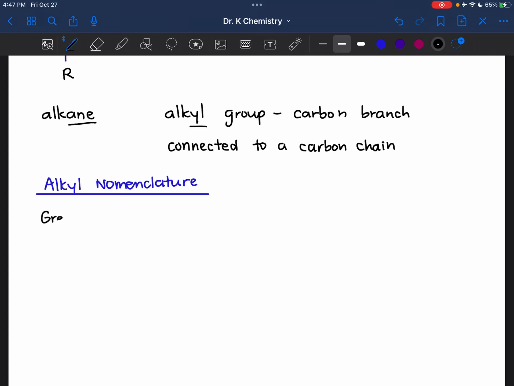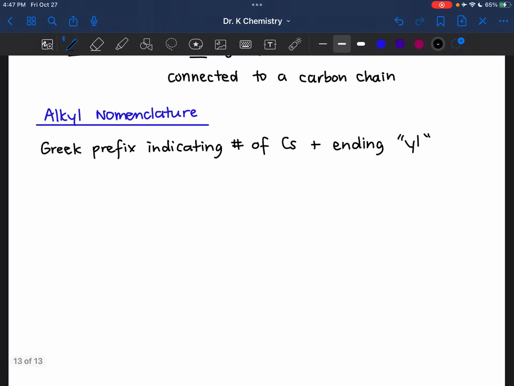Just like everything else, you're going to use your Greek prefix indicating the number of carbons in the branch. But in this case, instead of the ending -ane, you will use the ending -yl. And that's pretty much it.